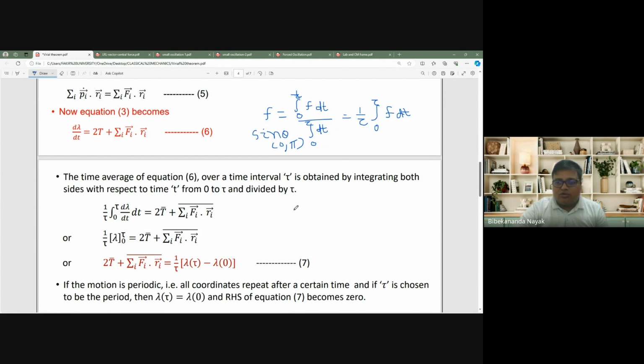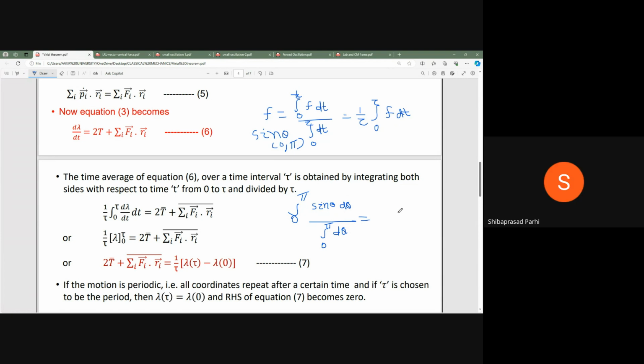If you write according to formula, integration 0 to pi, in place of f you write sine theta d theta, divided by integration 0 to pi d theta. This you will know how much?